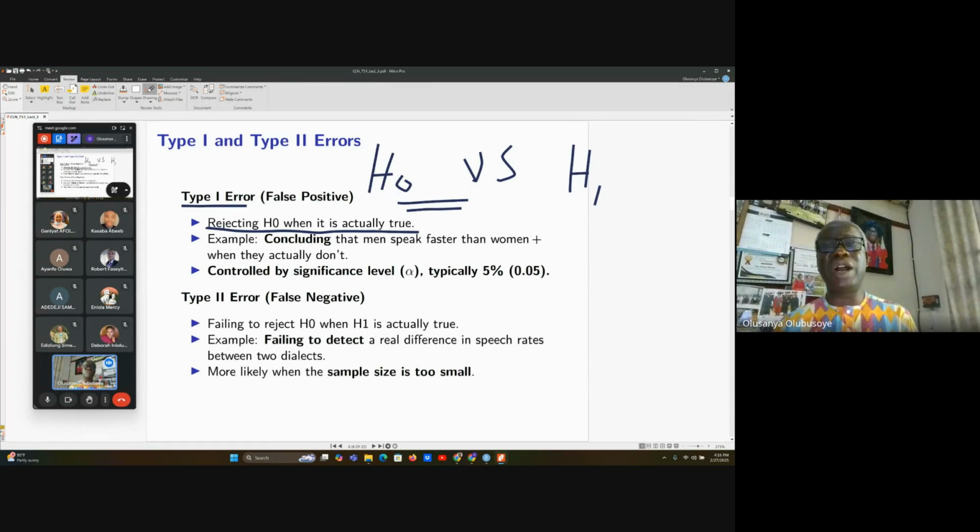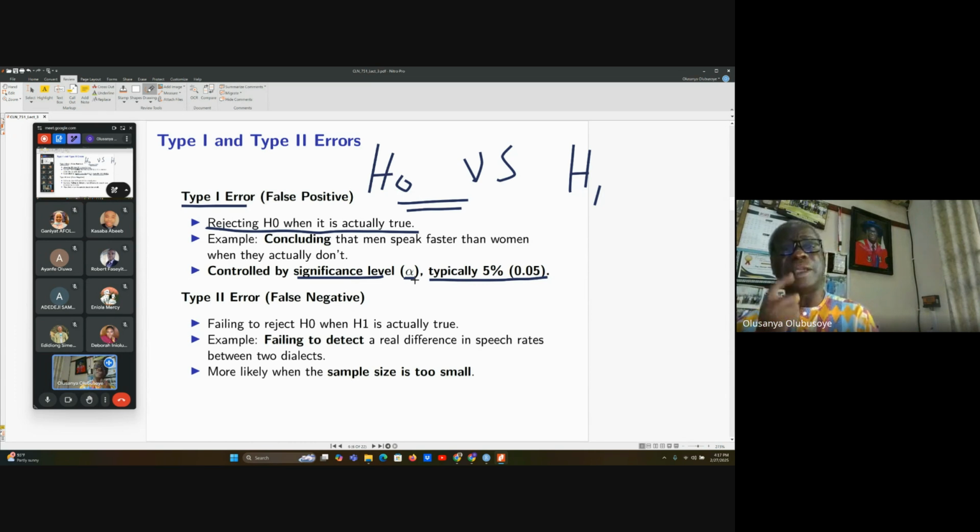So this type 1 error is what is called the level of significance, alpha. That probability of committing that type 1 error is what we call alpha.